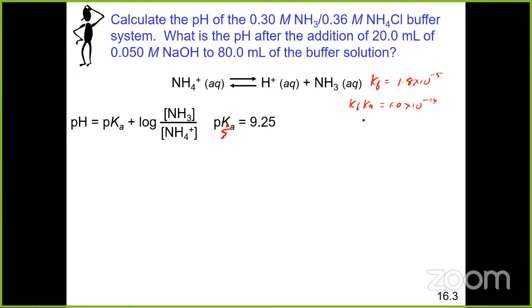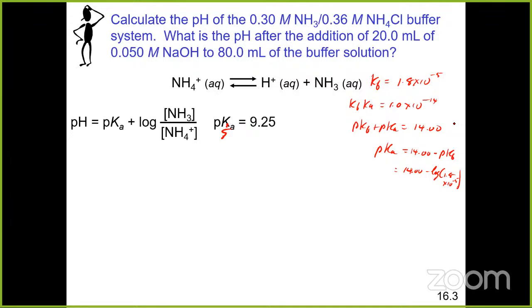Now, another way of stating this is that pKb plus pKa is equal to 14.00. So if you want to find pKa, that would be equal to 14.00 minus pKb, which would be equal to 14.00 minus log of 1.8 times 10 to the minus 5.